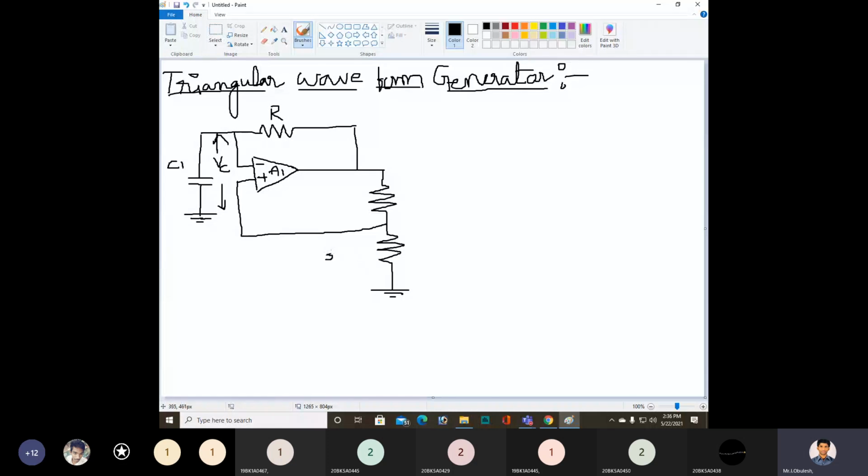Here we have a feedback factor into V0, resistors R1 and R2. Then you need to connect these two, integrator.